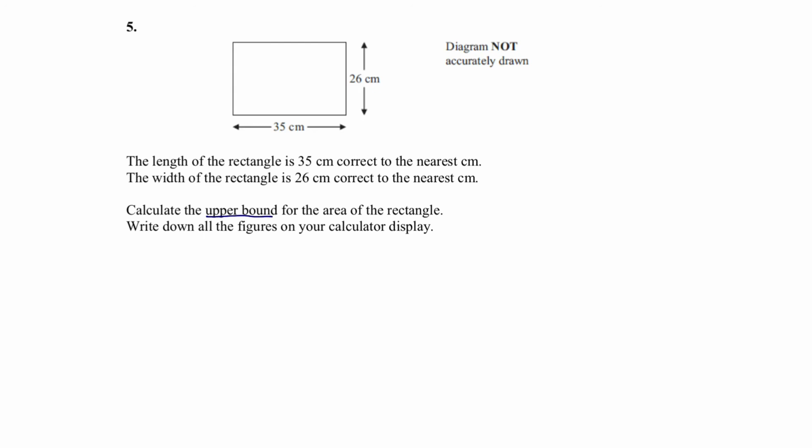So the upper bound of the length of the rectangle would be 35.5 because it's to the nearest centimetre, and the upper bound of the width of the rectangle would be 26.5 centimetres to the nearest centimetre. Okay, so when we multiply those two together, because we want the area of the rectangle, so we're doing 35.5 times 26.5, and it says write down all the numbers on your calculator display.